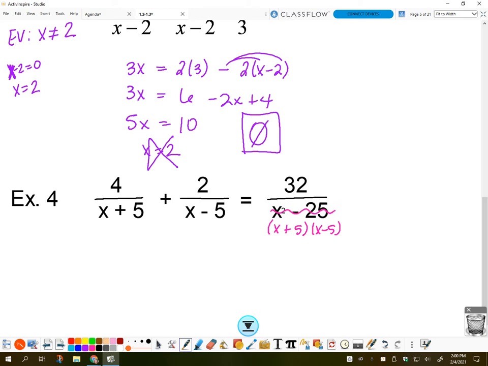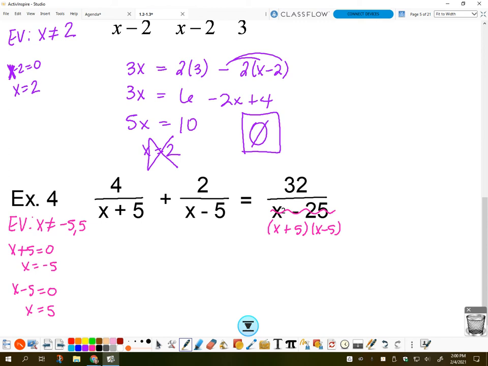That takes care of these two denominators, right? So when we do our excluded values, we need to know when x plus 5 is 0 and when x minus 5 is 0. Here we subtract and we get negative 5. Here we add, we get positive 5. So we know we can't be negative 5 or 5.